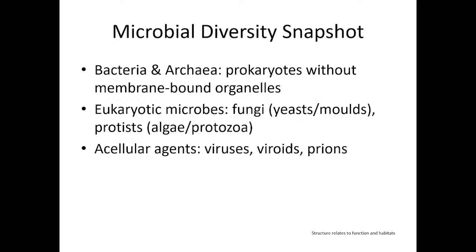Then there are some acellular agents, acellular, that is, without cells. We cannot actually regard them as living, and that's why up to today, scientists still believe that viruses can be classified as neither living nor non-living, because outside the living cell they exist as a non-living particle, but once they are inside the cell, that is when you will see them causing havoc.